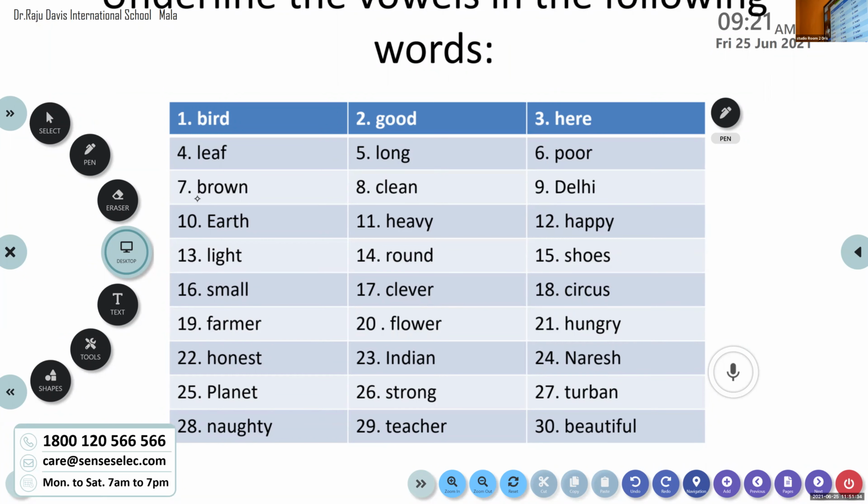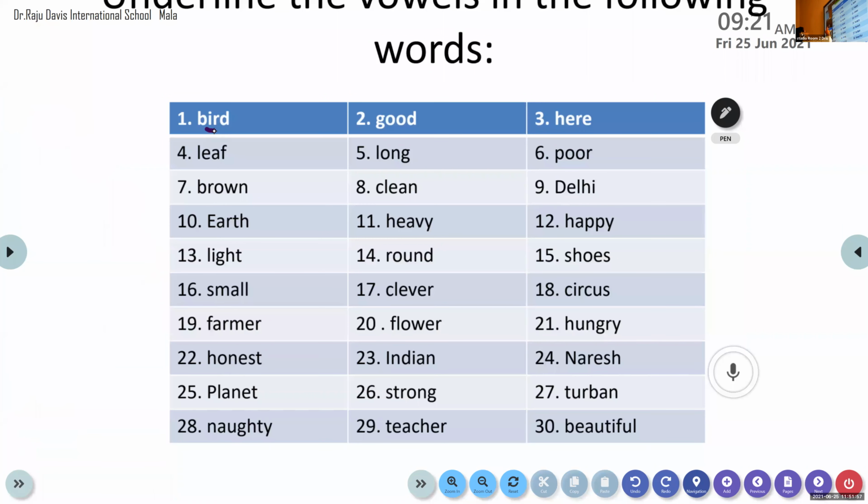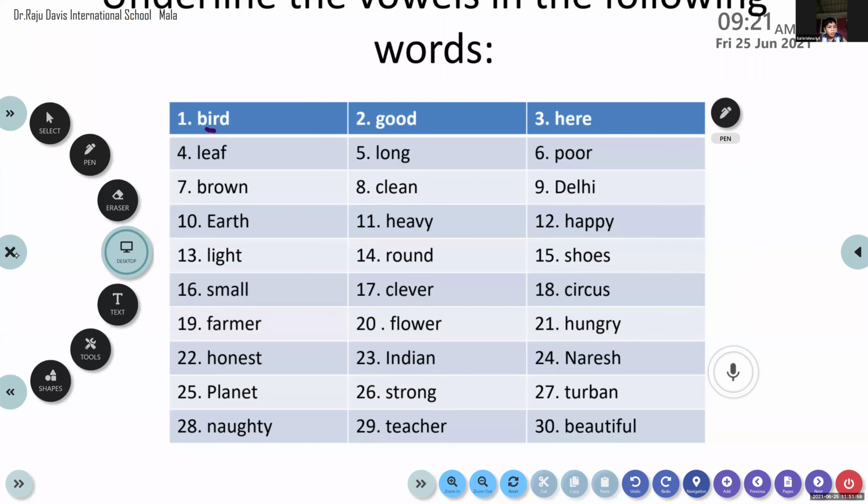Where is the vowel in that? No, I'm not asking about the consonant. You have to identify the vowel in the word. Which is the vowel in this word? What is the question here? That's right. Yes, it is I, it is the vowel here.